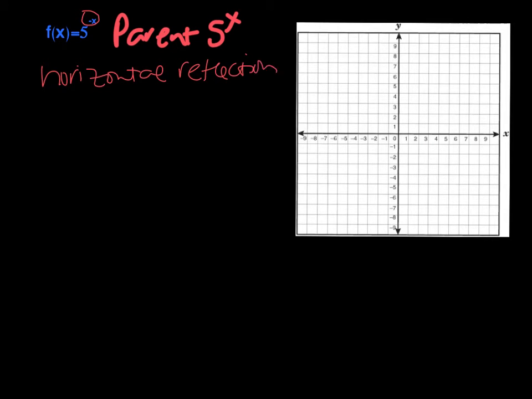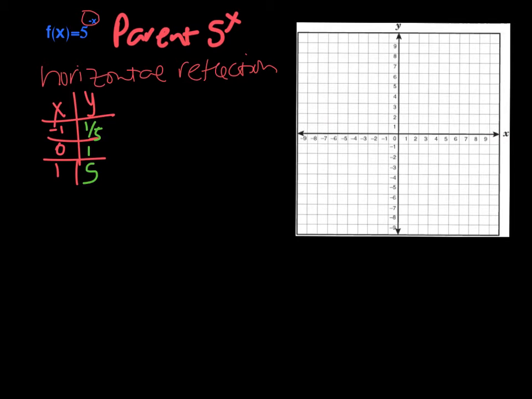So we're going to do the parent first. Let me make the pen a little thicker. My -1, 0, 1. And since my parent function is 5 to the x, we're going to do 1/5, 1, 5. I'm going to draw in my parent first, and then I will take care of the horizontal reflection.